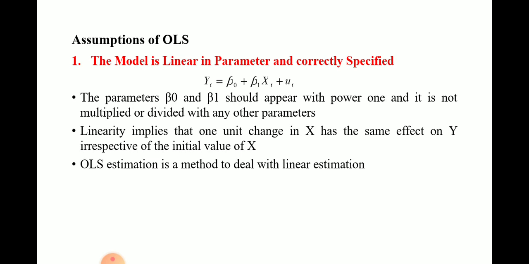They should not be squared or cubed, and they should not be divided or multiplied with any other parameters, such as beta 0 divided by beta 1, or beta 1 multiplied by beta 0.